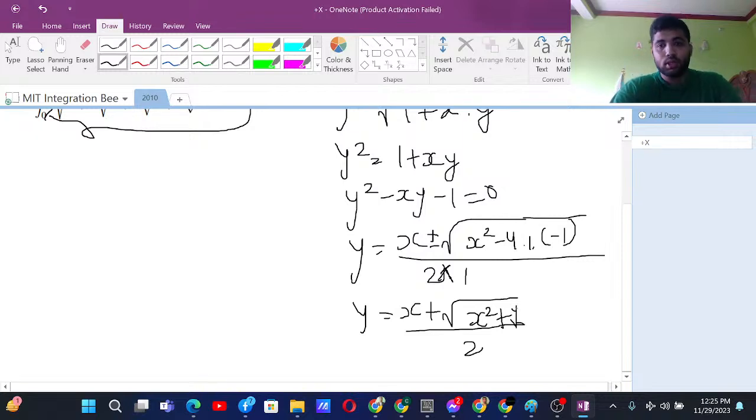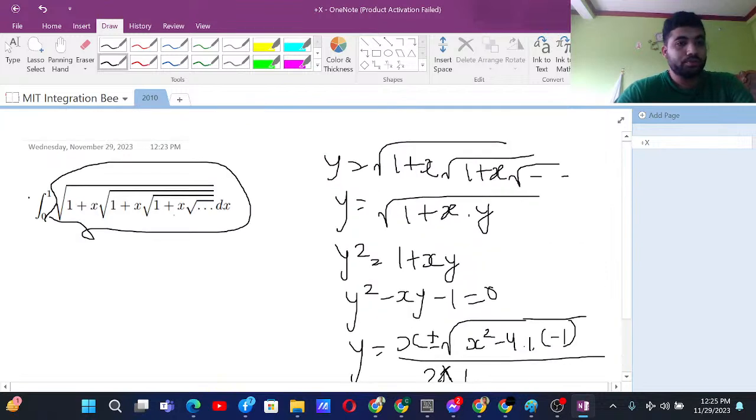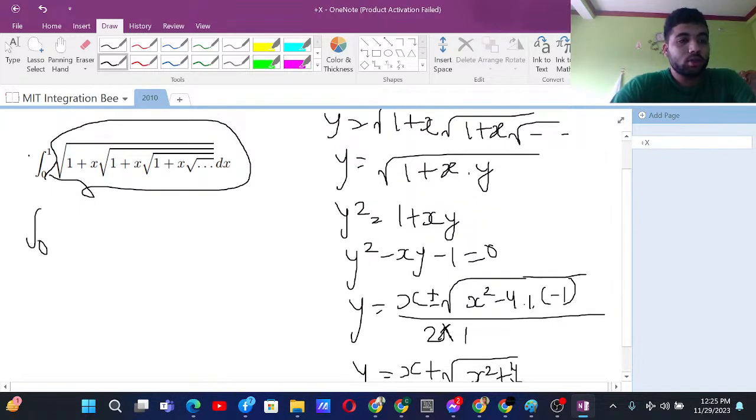Yeah, this is 4. Okay, so this is (x + √(x² + 4))/2. Now you can solve it. (x + √(x² + 4))/2 dx.